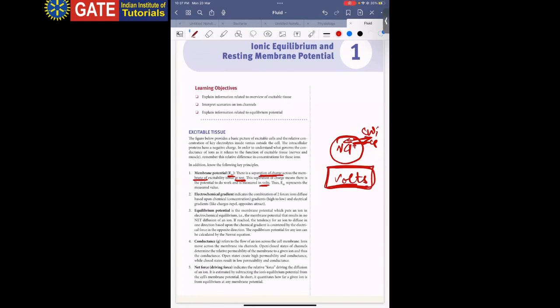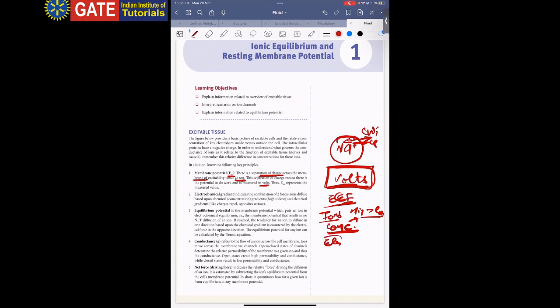Then we have the electrochemical gradient. It is the combination of two forces. First, the ions will diffuse based on their concentration across a membrane. Ions will always move from high concentration to low concentration, and there will also be an electrical gradient.